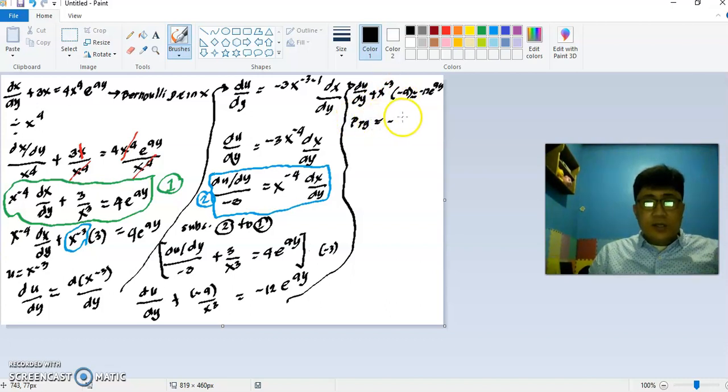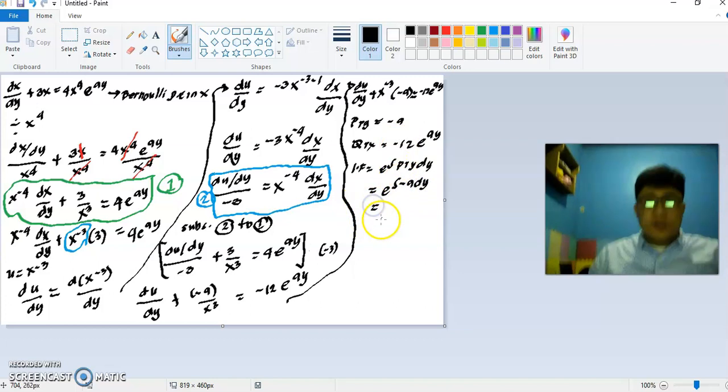So after this, we can now identify our p(y), because we have y, we have x here. So that is negative 9. Our q(y), which is negative 12 e^(9y), and we can now solve for our integrating factor, which is e raised to the power of the integral of p(y) dy, which is equivalent to e raised to the power, what is p(y), that is negative 9 dy.